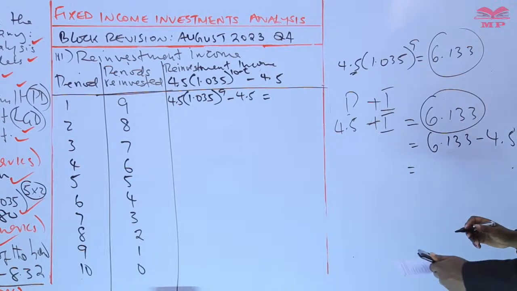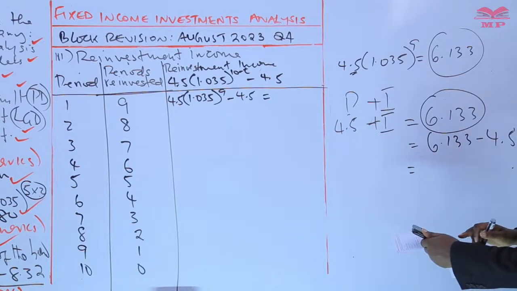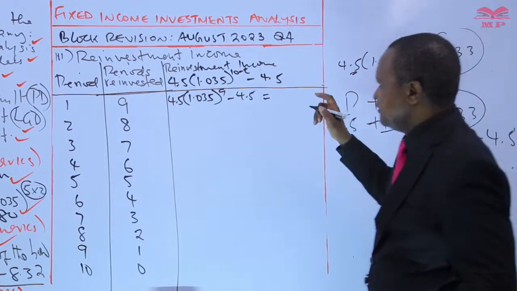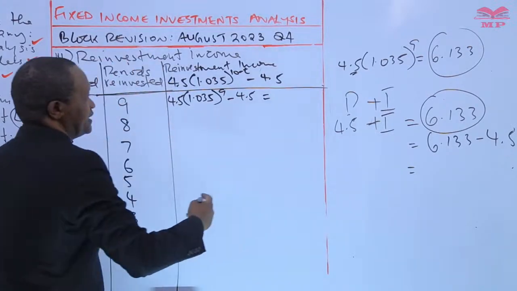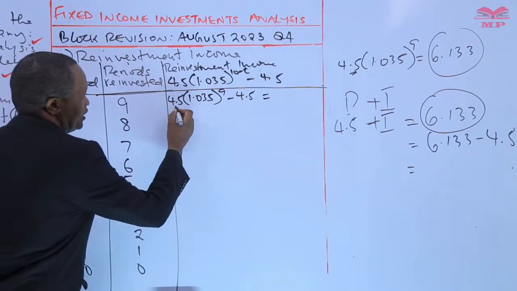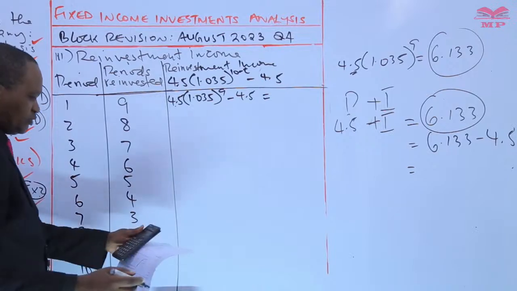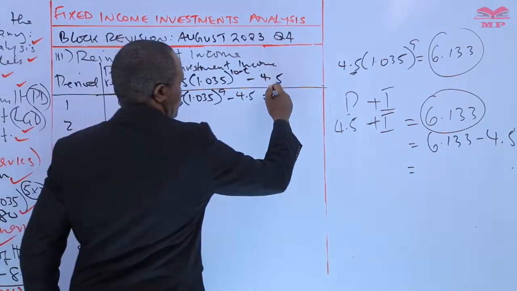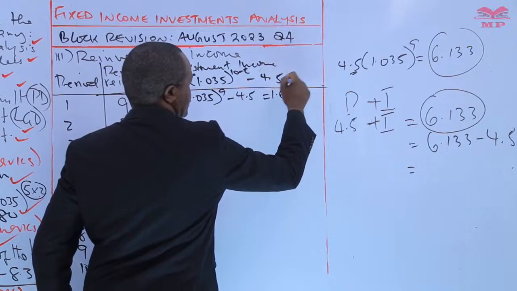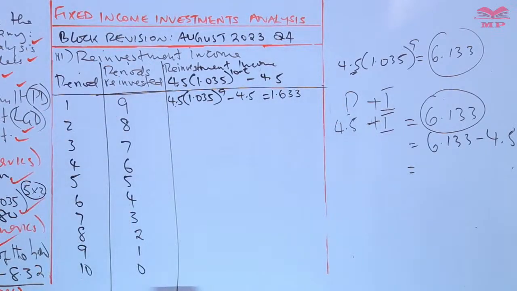So 6.133 minus 4.5 is now the reinvestment income that is earned after reinvesting 4.5. That will be equal to 1.633. You understand?